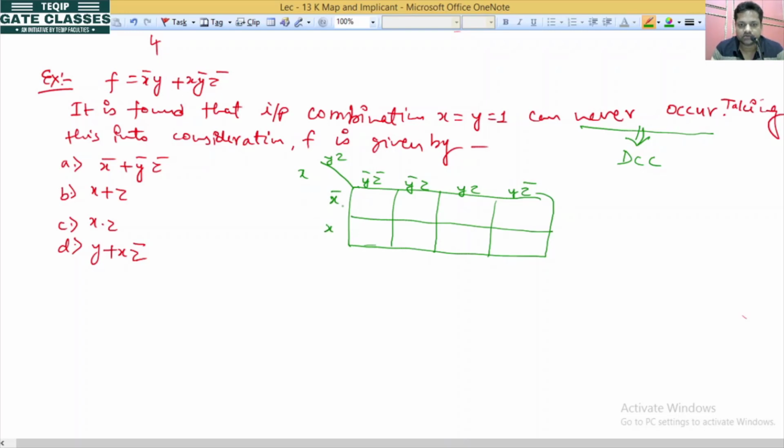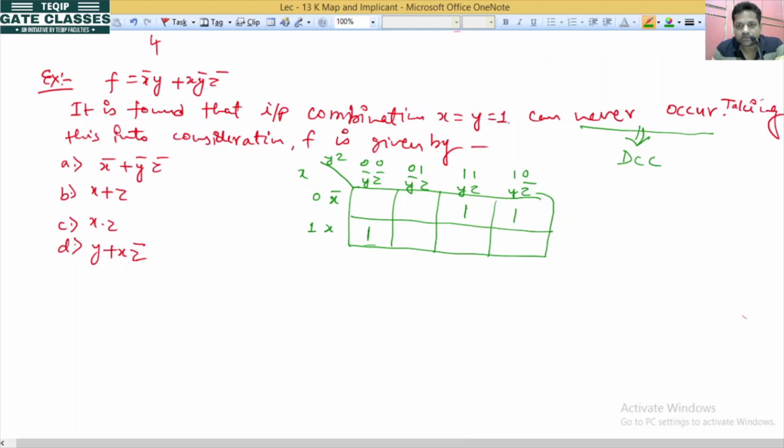Now we have x'y: we get x' from this side, y from these two, so it will be 1. Now xy'z': x from here, y'z' is this one. Now the values are 0, 1, 0, 0, 0, 1, 1, 1, 1, 0. We already know it.